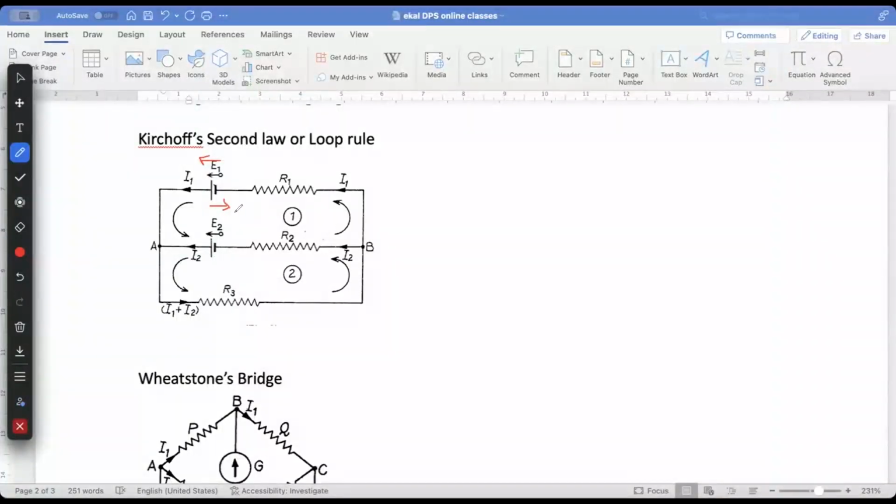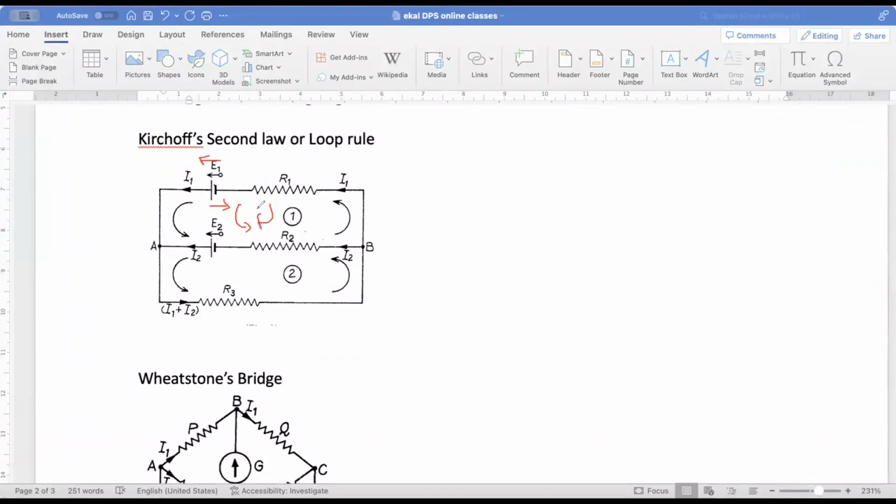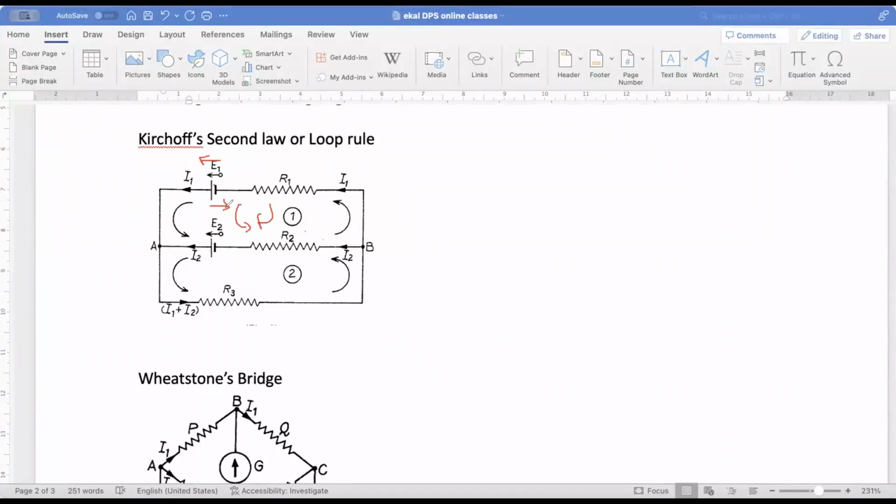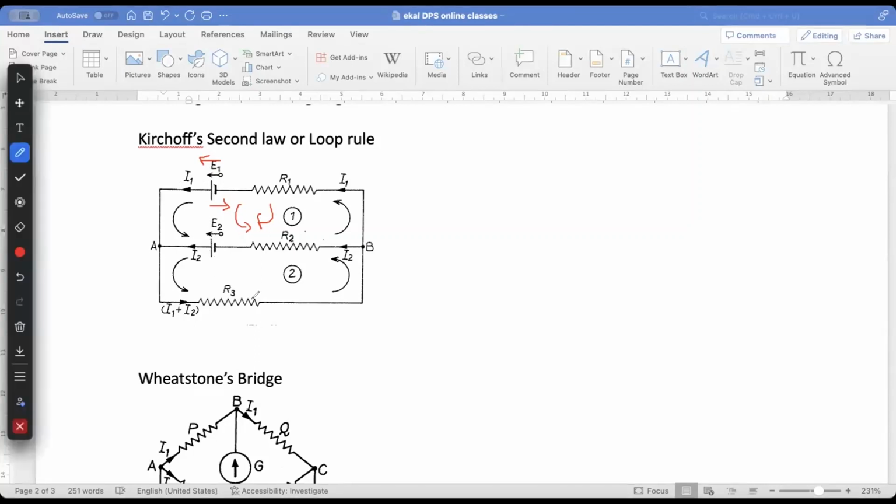So this is the loop. We can select the loop either in this direction or in that way, clockwise or anti-clockwise. That depends upon you, but be careful about using the sign conventions. The base of that is to select the direction in which the current is flowing. We need to take the sign conventions of IR and EMF accordingly.